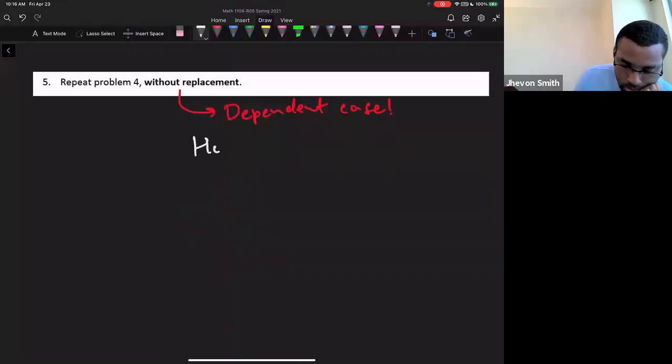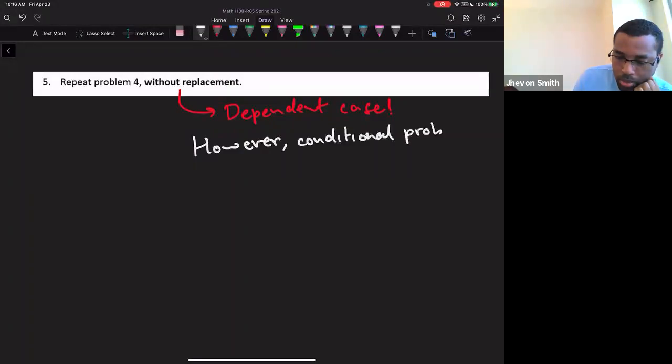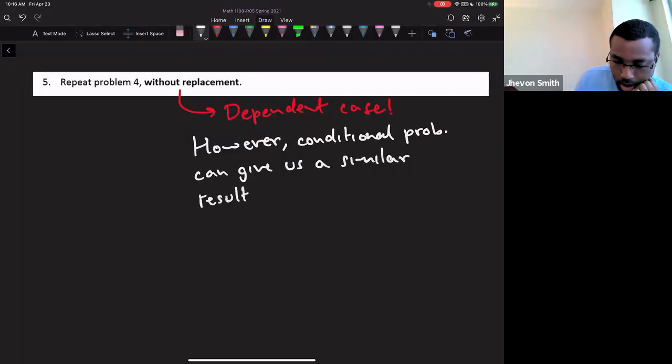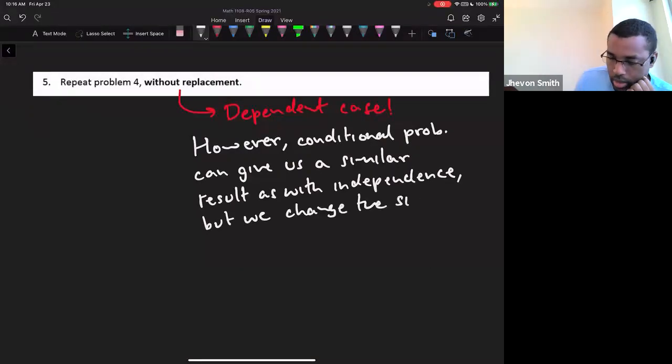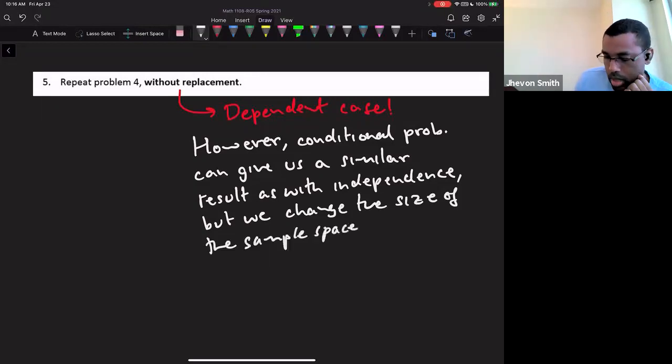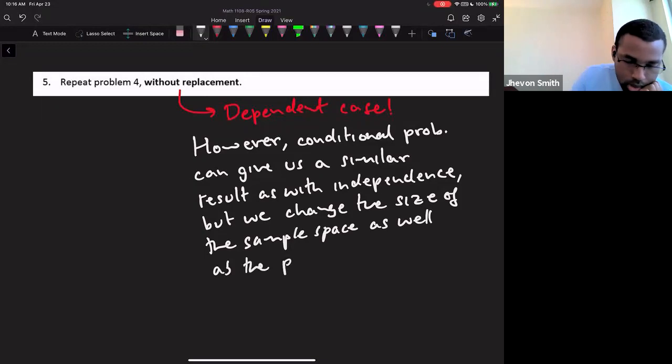However, conditional probability can give us a similar result as with independence, but we change the size of the sample space as well as the choices.